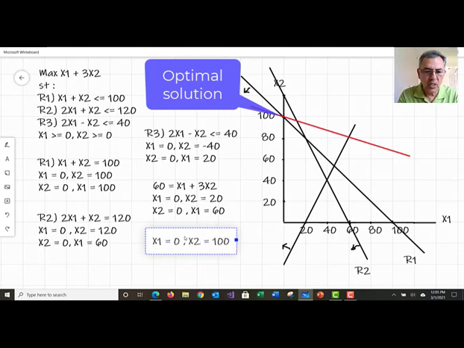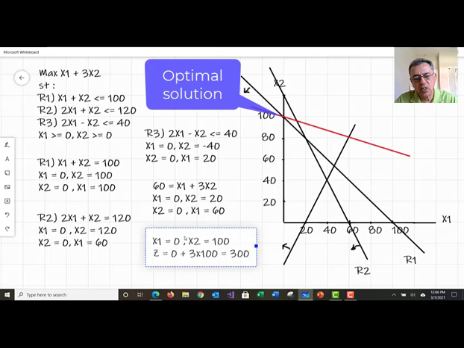Let me call it z equal to 0 plus 3 times 100 equal to 300. And that point is my optimum solution, the point of 0 and 100, with a total objective function value of 300. And that is how we solve a linear programming problem using the graphical method.